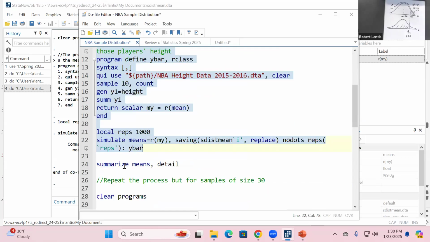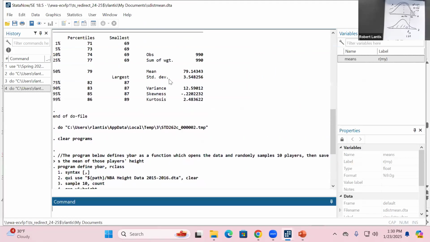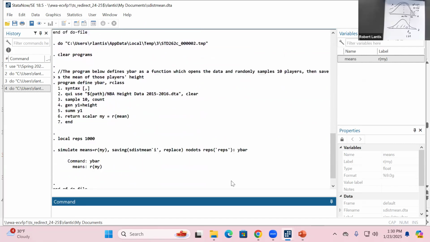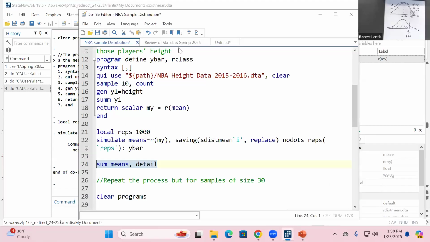Summarize, or shorthand, just the sum command. It's the same thing. So I'm now going to summarize these sample means. If what I was saying in the slides was true, the mean of these sample means should be that original population mean of, now I already forgot what it was, 79. And the variance, because the sample size was 10, should be the original variance divided by 10, or 1.259. So I'm going to go ahead and do that.